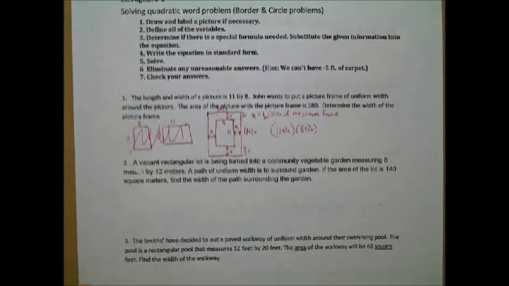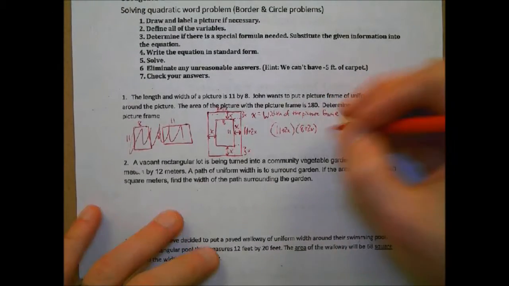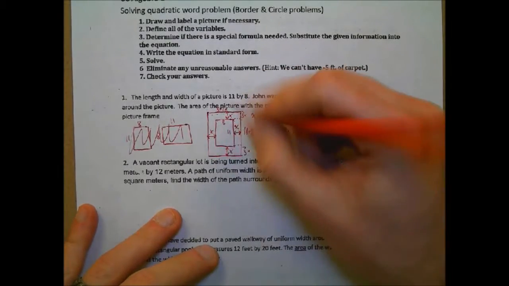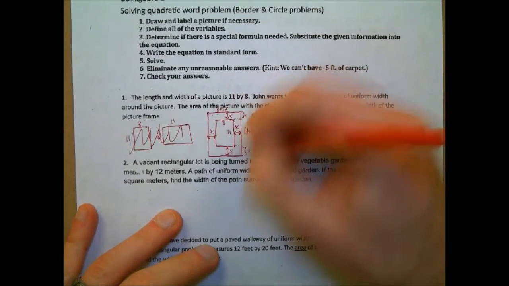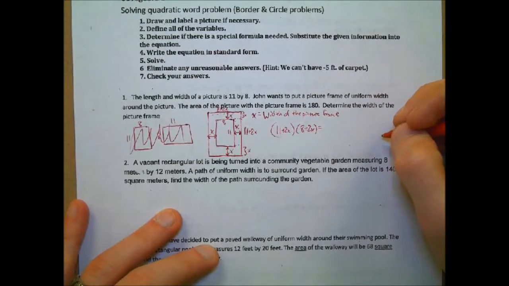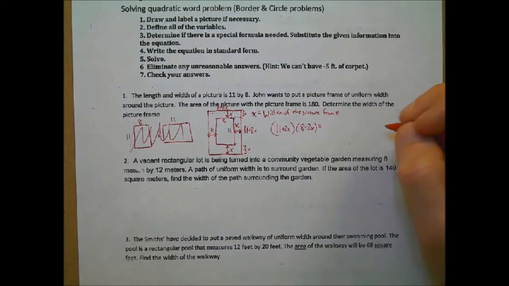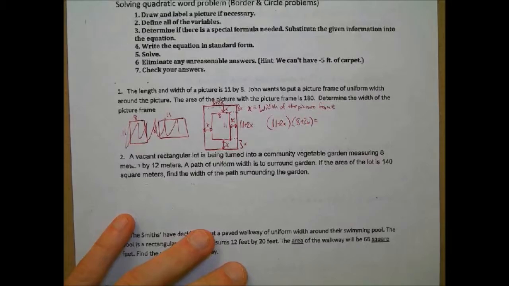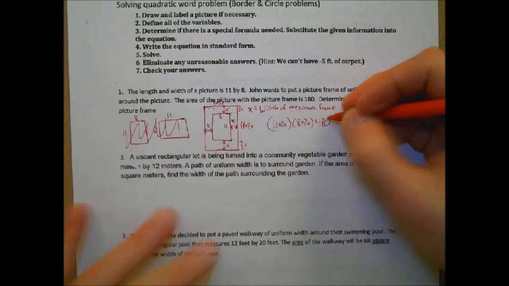Okay, so there's our setup. And what do we know the area of the big area of the picture frame with the picture, what's that area got to equal? Yes, very good, Olivia. 180, you got it.